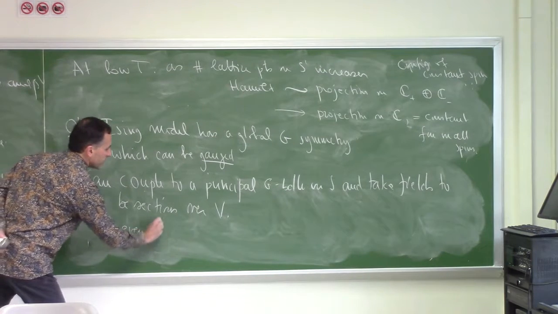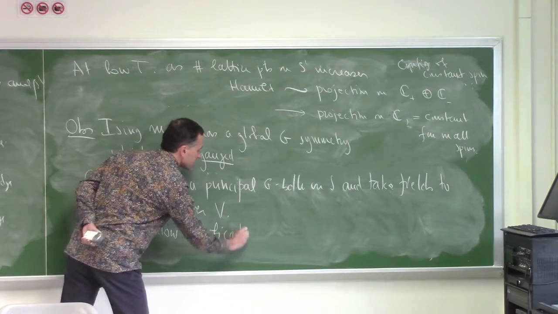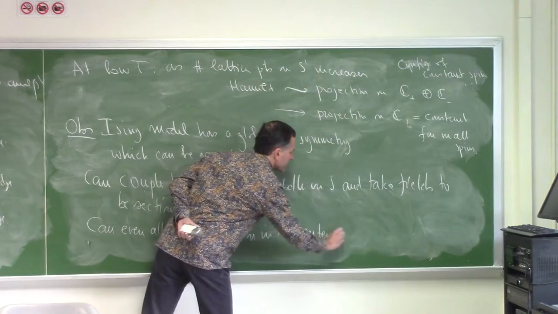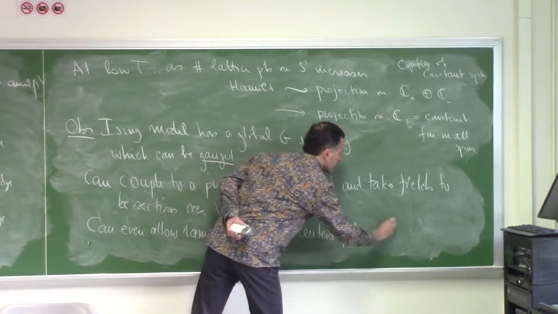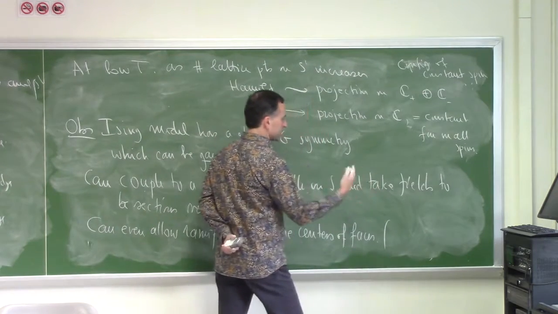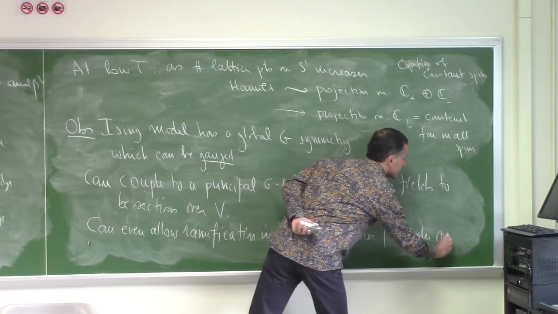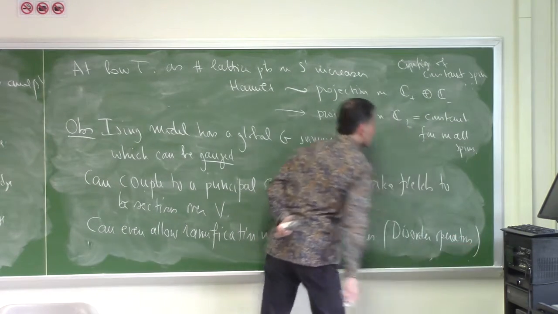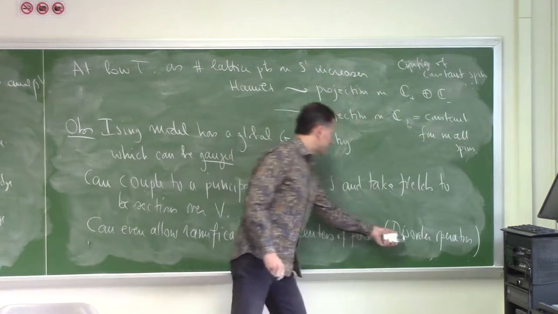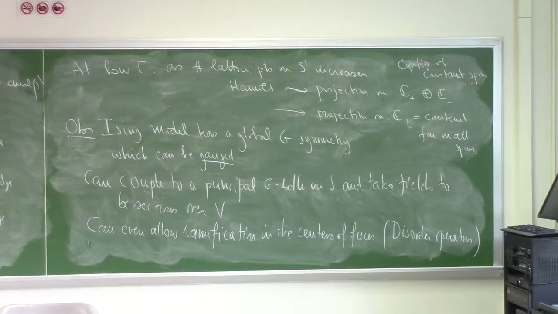And those are the objects you'll find in the physics books under the name of disorder operators. So order operators have as a label a representation of the group, and disorder operators have as label a group element, which tells you the ramification at the point in the center of the face.